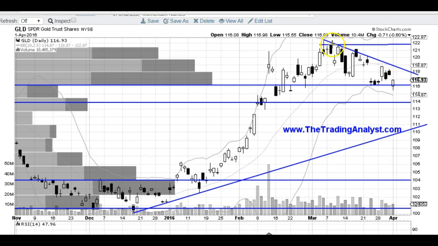We've got 1, 2, 3, 4, 5, 6 touches right in here in this span of time, and then we have 3 touches in an even longer period of time. So yes, it's a valid uptrend line, but again, it's not going to be that strong. I'm not going to put too much weight on it unless we get another bounce on it. Then I'm going to think that it's going to be a really good trend line.